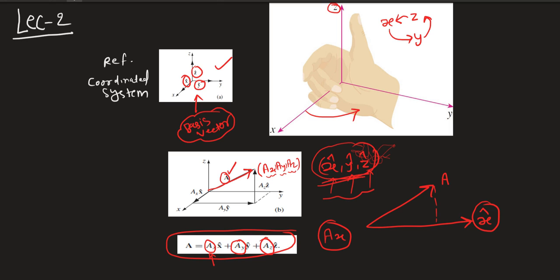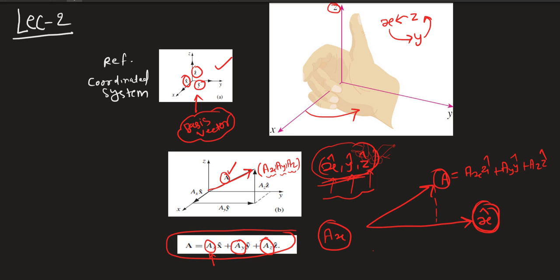So let's say this vector A is given by ax x cap plus ay y cap plus az z cap. Now when you want to take the projection of any vector onto another vector, as I discussed in the last class, you just have to take the dot product.